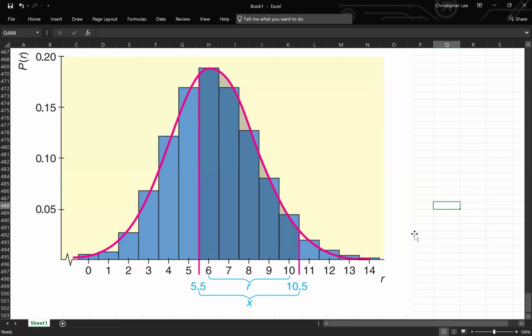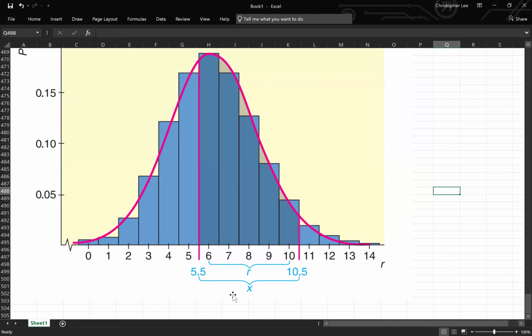What this is doing is overlapping two different distributions on top of each other. The bars represent the binomial distribution, and the red line represents the normal distribution. Remember how our answer was a little bit larger than the actual answer?